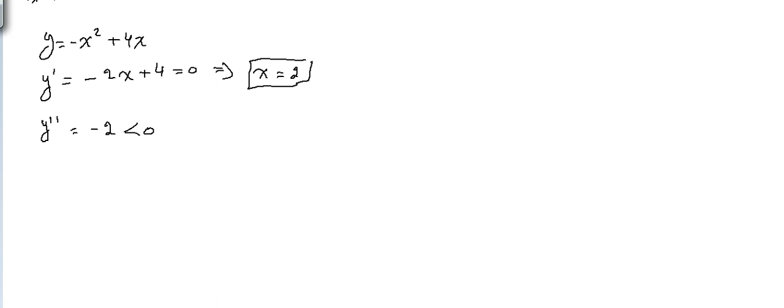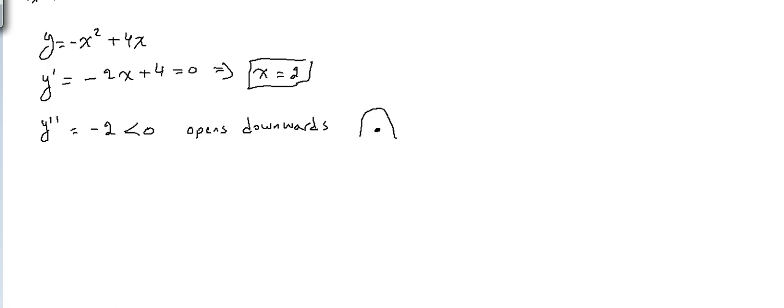Since the second derivative is negative, then the function opens, or is concave, let's say. We can say it opens downwards, right? It looks like something like that. It opens downwards.